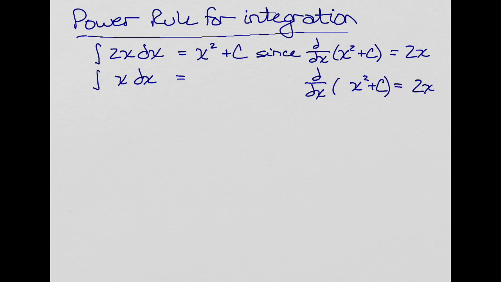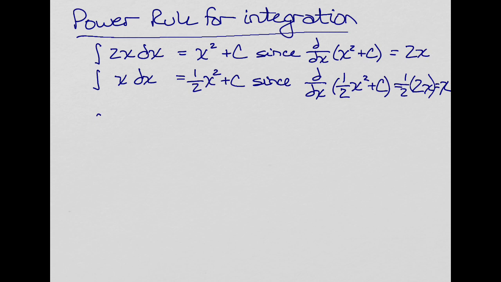But we can fix constants using multiplication and division. If I put a 1/2 out here, so that I have 1/2 of 2x, there's my x. Well, if there's a 1/2 there, then there was a 1/2 here, which means my antiderivative is 1/2 x squared plus a constant. Since when I take a derivative of a function that looks like that, I get 1/2 times 2x, which is x. So we can fix constants.